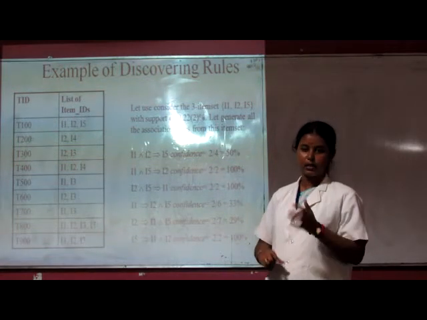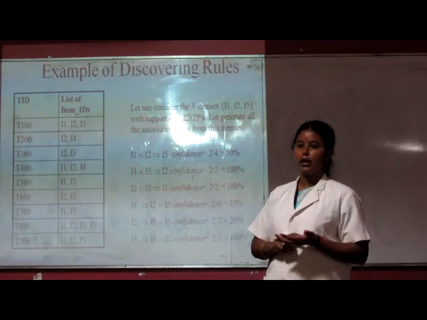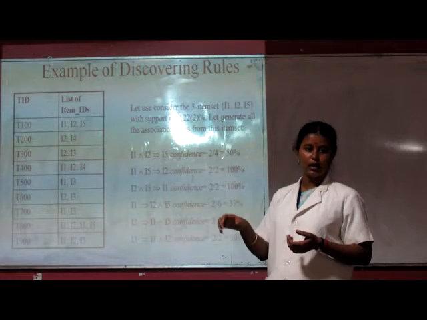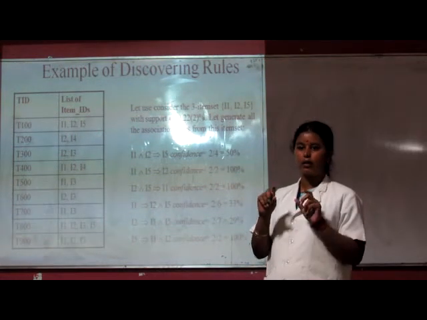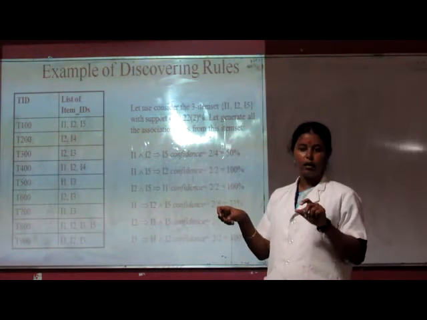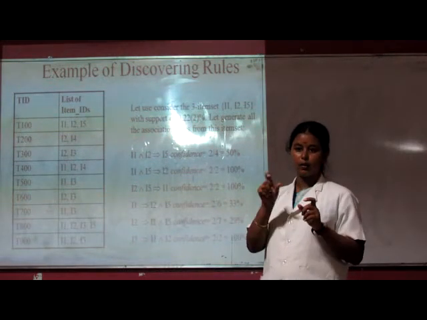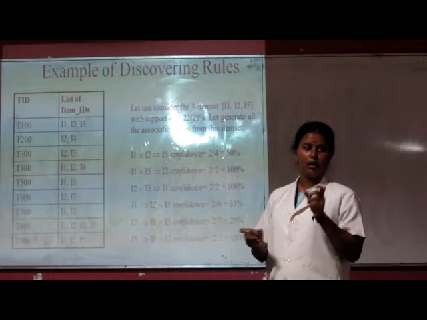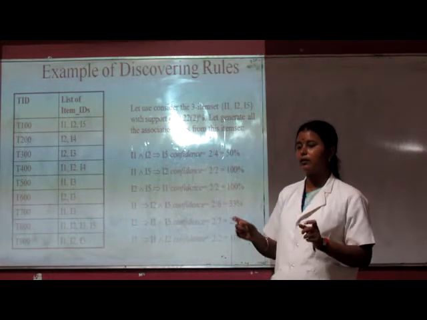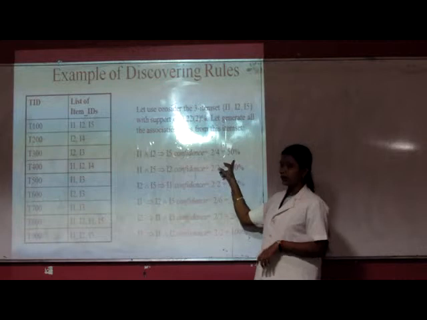If I am having X associated with Y, I have to take the number of transactions including X and Y and the number of transactions including only X. So these two have to be taken. X and Y total count divided by X, how many transactions X is happening. Using that only we are going to find the confidence level.